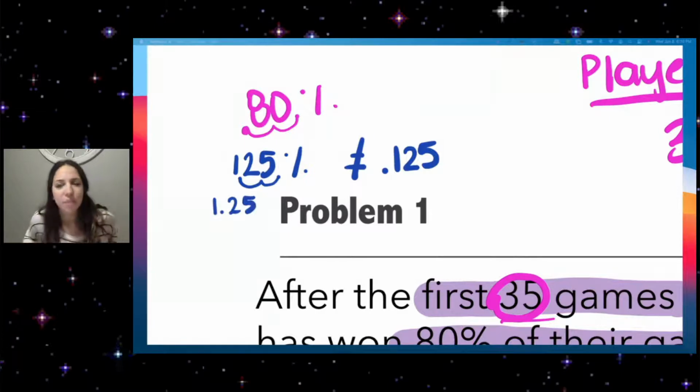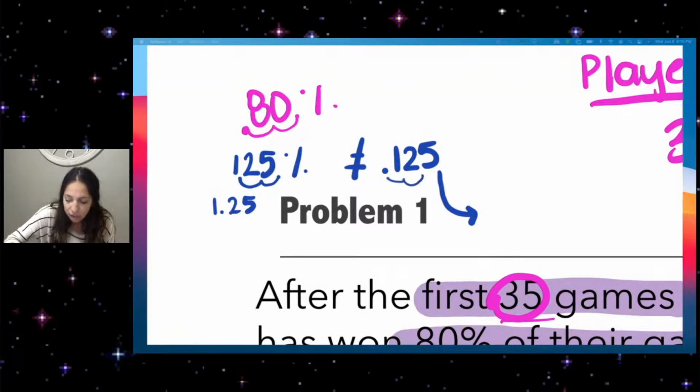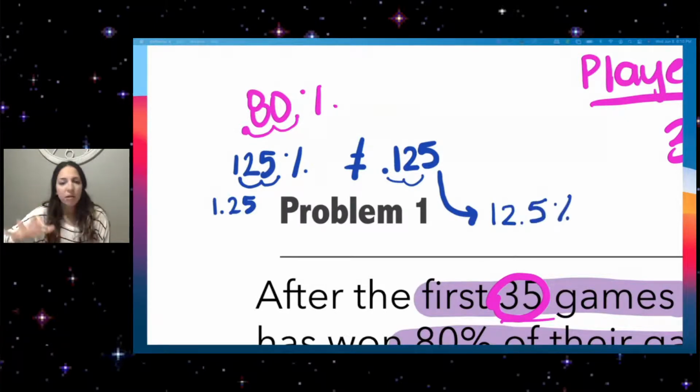That makes sense because this is greater than 100%, and 100% is 1 whole, so I need my decimal to be greater than 1 whole. What does 0.125 actually equal? If I hop that decimal 2 places to the right to turn it into a percent, it turns into 12.5%. Now, that was a total rabbit trail, but definitely something we need to know how to do.